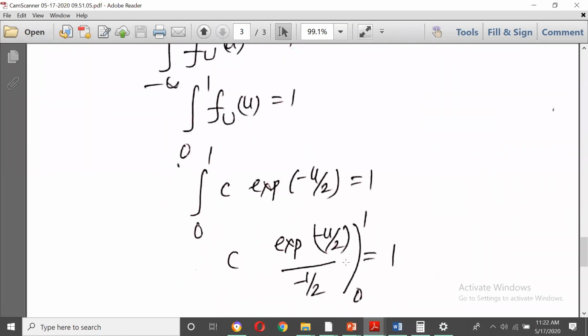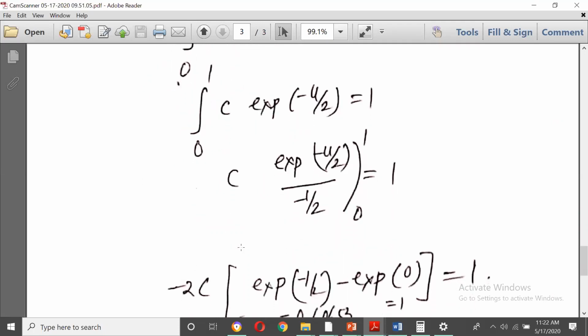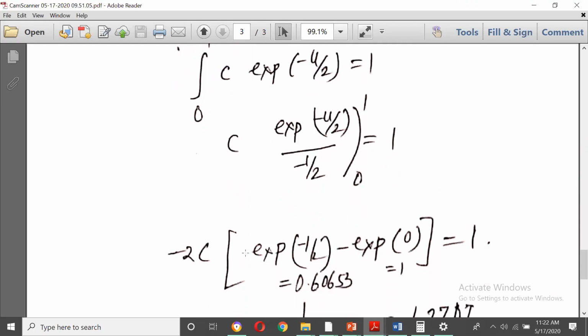If you integrate this, the integration will be exponential of minus u by 2 divided by minus half. In the denominator you will get minus half, you take it to the numerator, and that will become minus 2c. You can substitute the values there, 1 and 0. So you will get exponential of minus half minus exponential of 0.